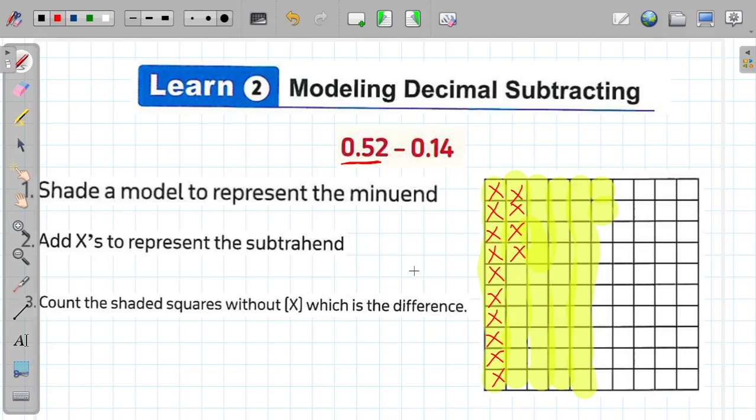And next, I will count the shaded squares without x's, which is the difference. So let's count the rest of the parts. So I have here 1, 2, 3, up to 38.